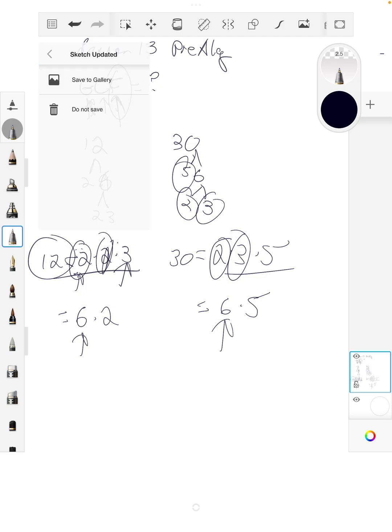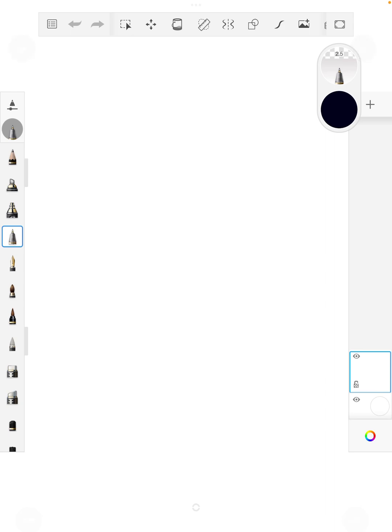So let's say, for example, I've got a problem like, what's my greatest common factor of 18 and 60? So I'm saying, what's the biggest number that goes into these? Well, I'm going to do it this way. 18 is just equal to 2 times 9, which is 3 times 3.